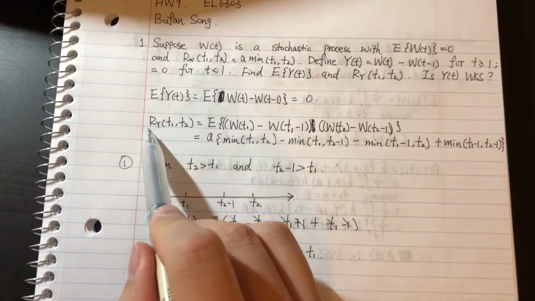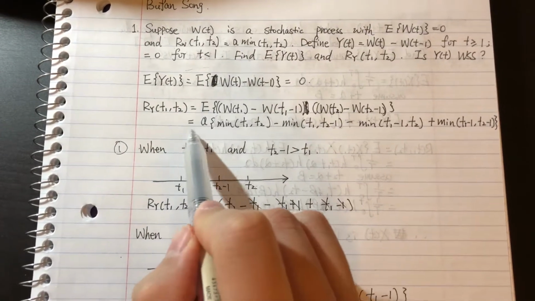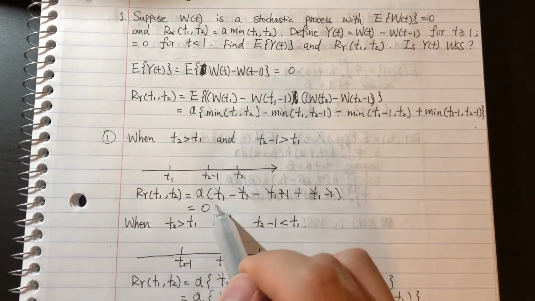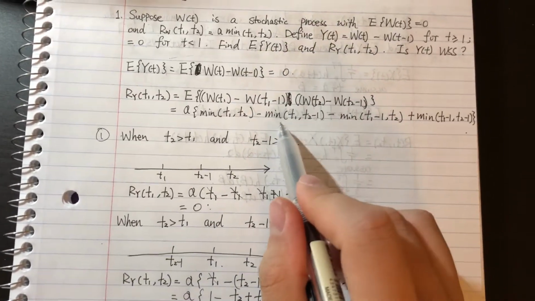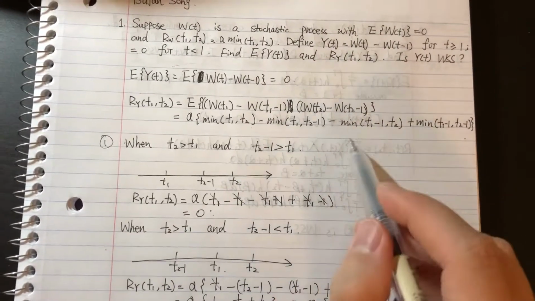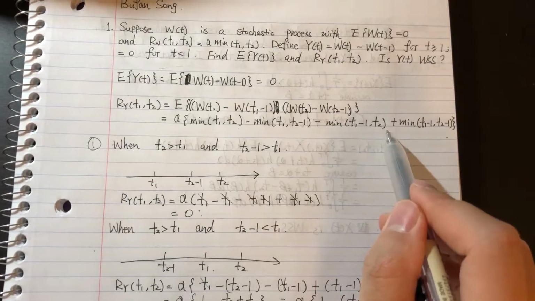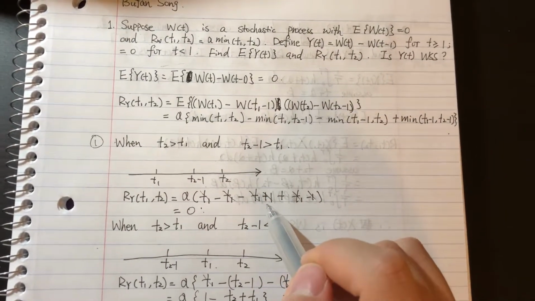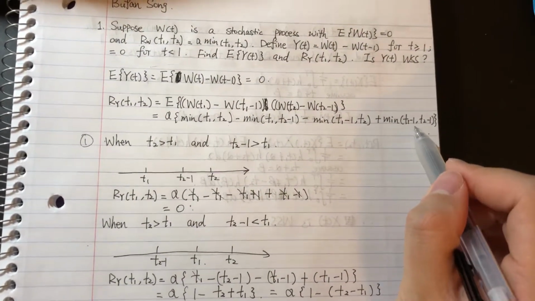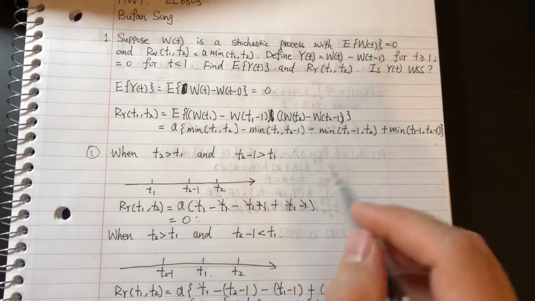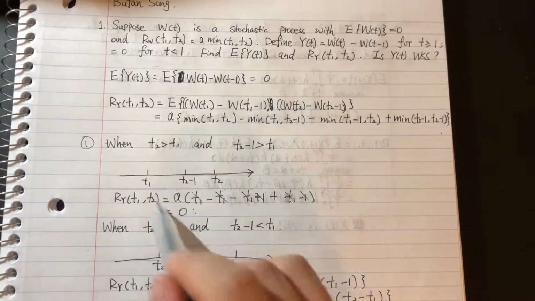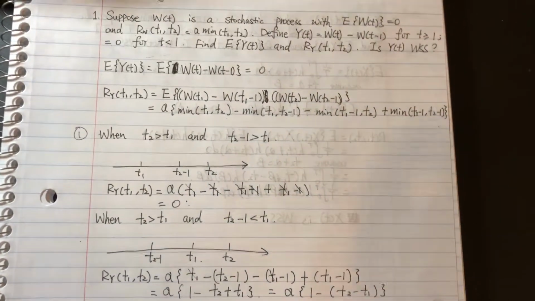So for Ry(t1, t2) equal to this equation, we can get that min(t1, t2) is t1, min(t1, t2-1) is t1, and min(t1-1, t2) is t1-1, so it can be written as t1 plus 1, and min(t1-1, t2-1) is t1-1. Add them together, we can get that it is 0.